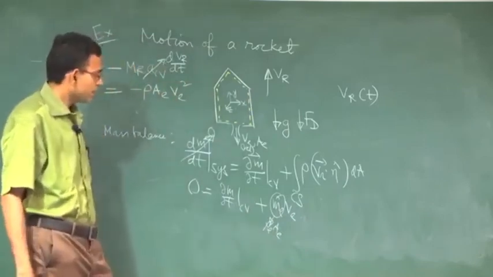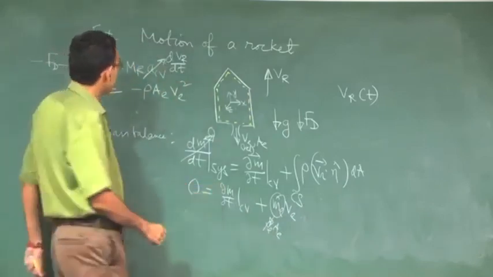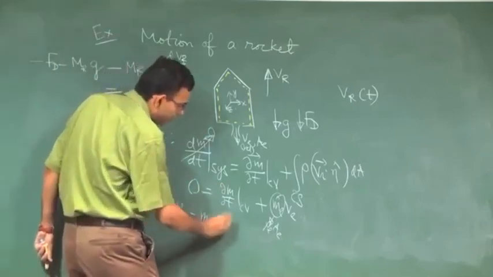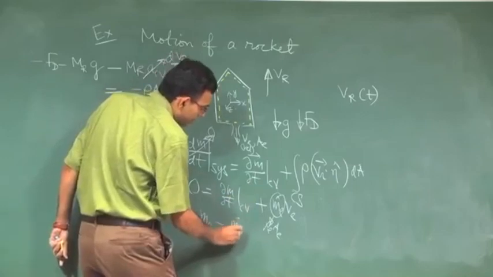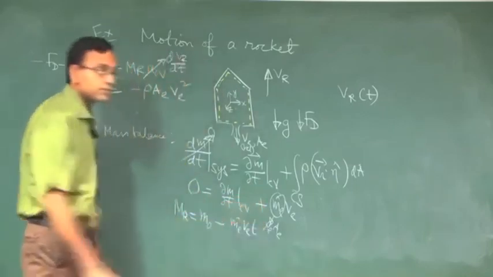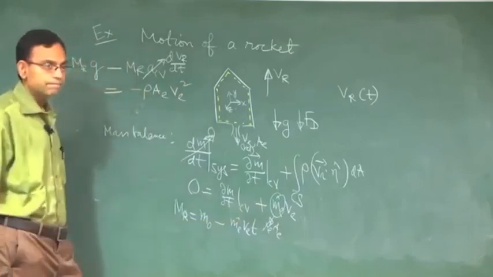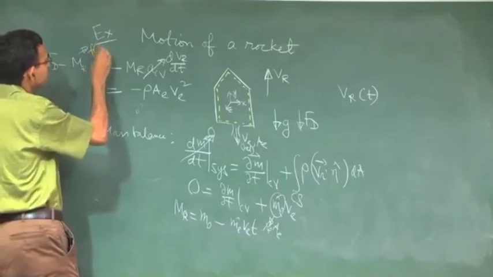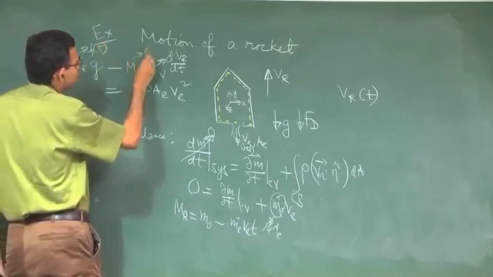Okay. So if you integrate it, then mr will be equal to m0 minus m dot E into VE into T, right. So this will be a function of time.